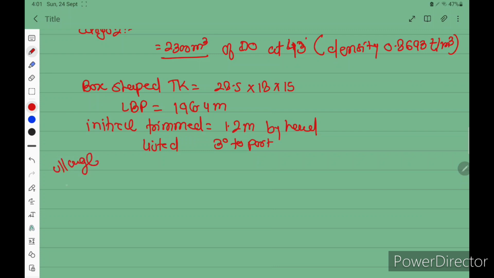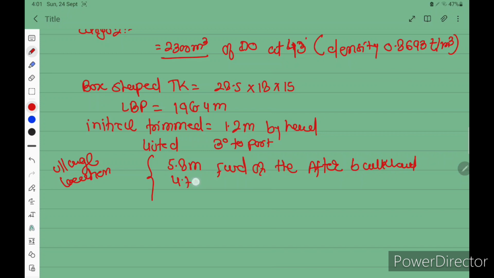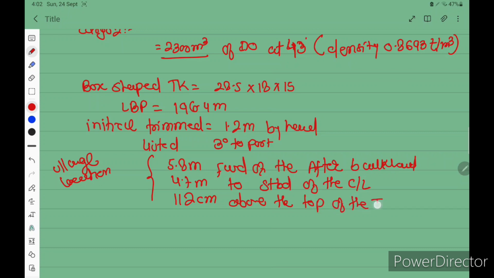Ullage location: 5 meter forward of the aft bulkhead, 4.7 meter to starboard of the center line, and 112 cm above the top of the tank.